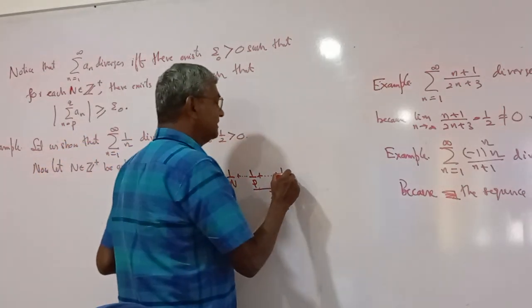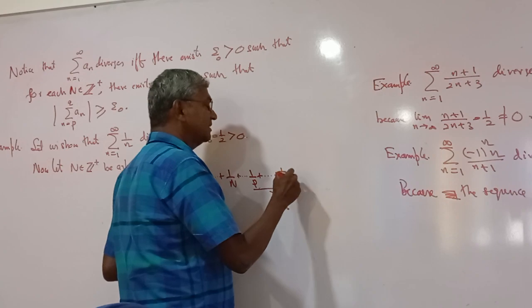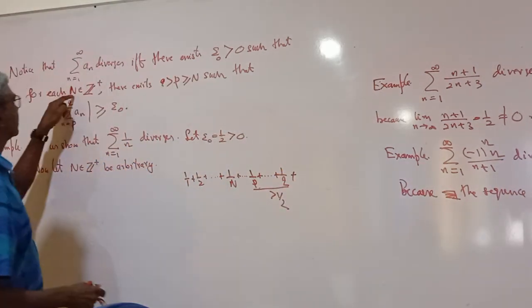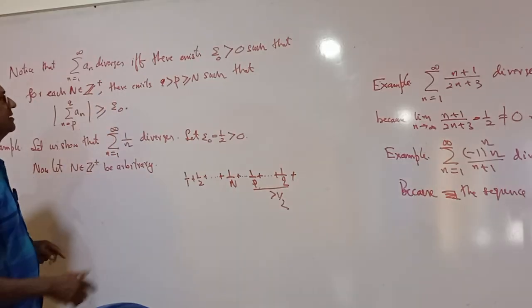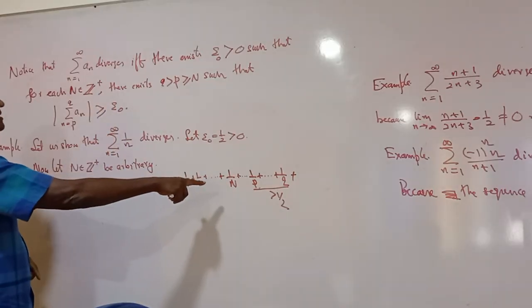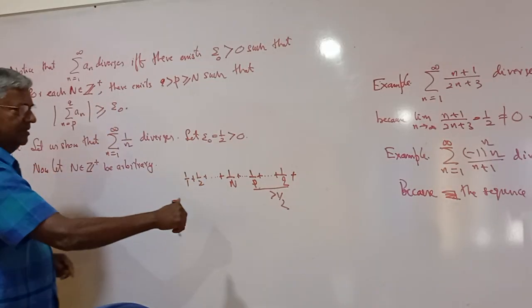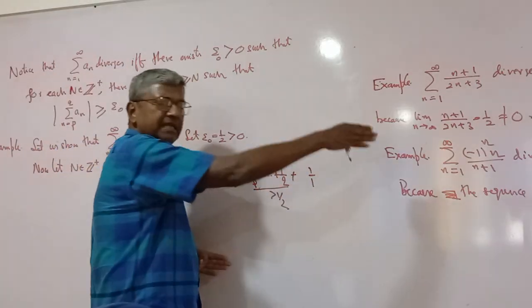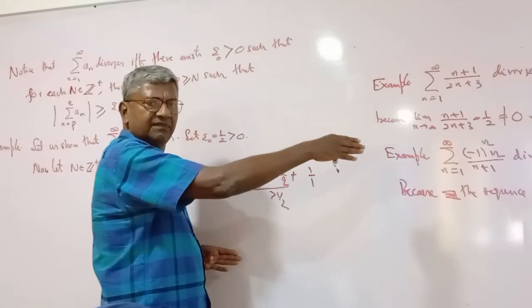Again here I will get another block. So this is true for each capital N in Z plus. If you take somewhere here, then again you get another block greater than 1 half.